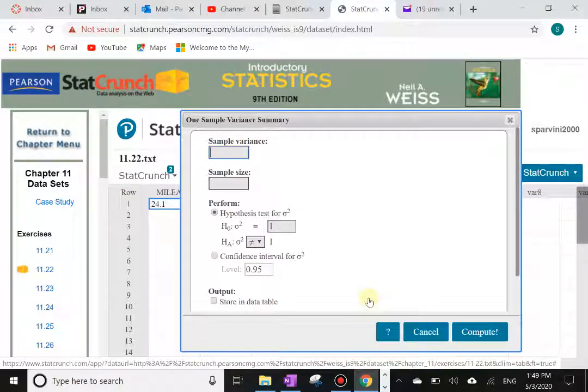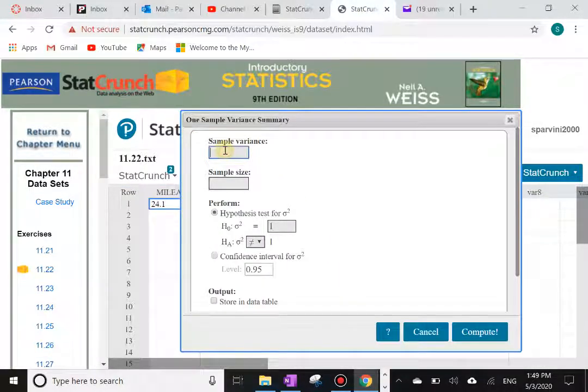In exercise 16, they gave us the summary. Notice how simple this interface, the pop-up is. It's asking what is the sample variance. And remember, in the exercise, we had the sample deviation. That was given to us to be 2. So I need to square that 2, it becomes 4. Our sample size was 10.